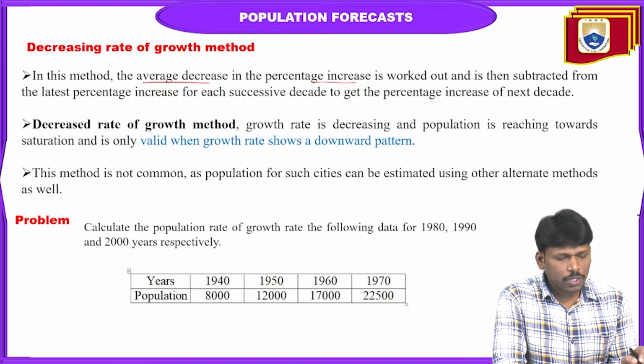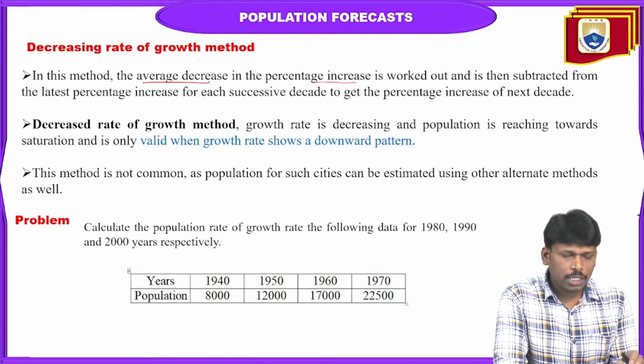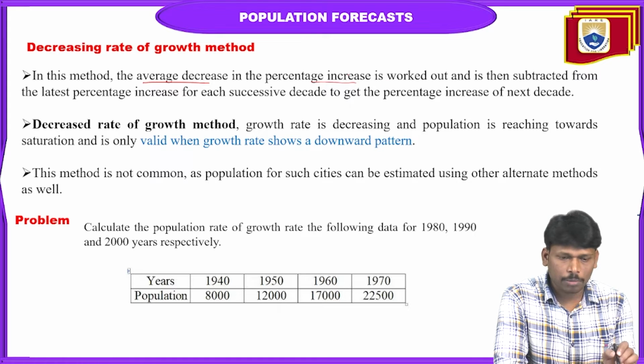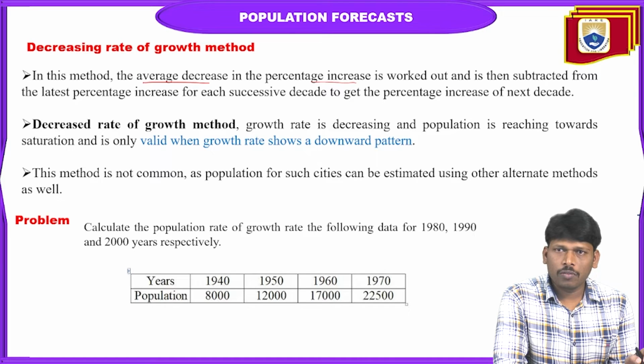So in this way, first we need to calculate the average decrease in the percentage increase, that is, the percentage of increase between the two decades, and then we need to calculate the average of the decrease between those obtained percentages from two successive decades.